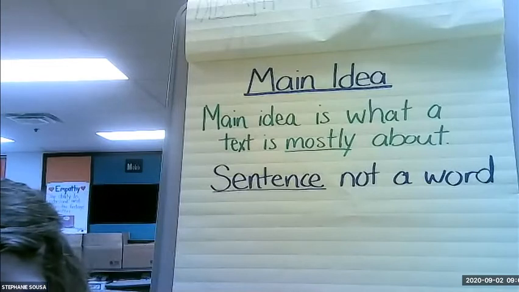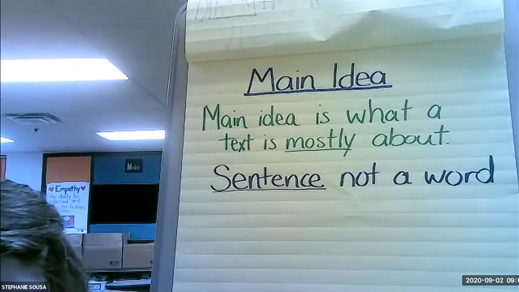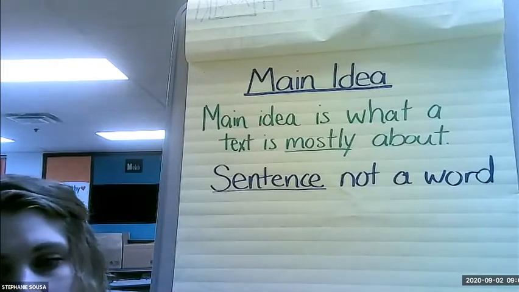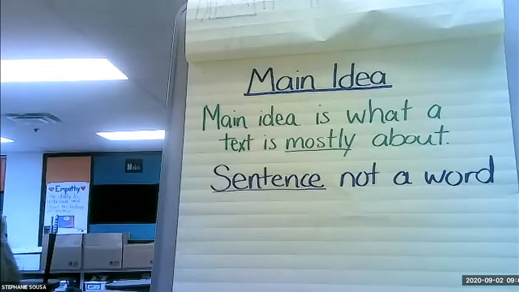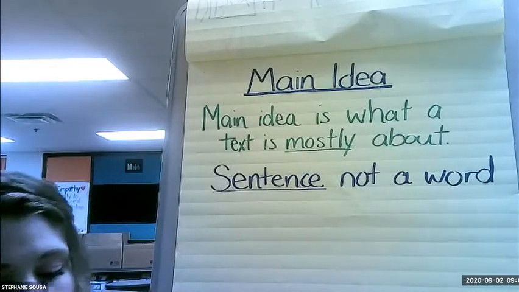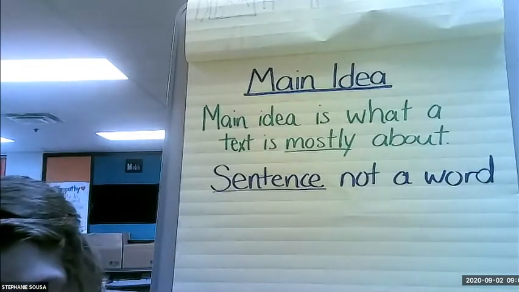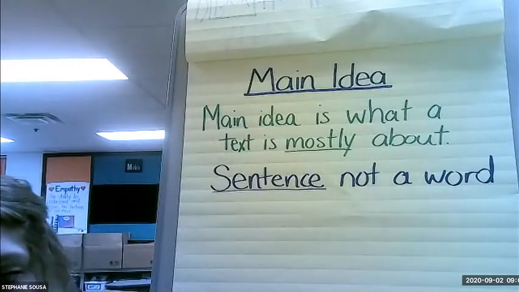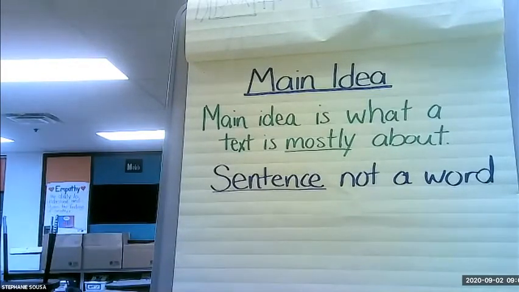If you tell me the main idea is dogs, that's wrong because dogs is a word. We are writing sentences. So the main idea is how dogs are trained. That's a main idea because it tells me what about the topic you're learning.